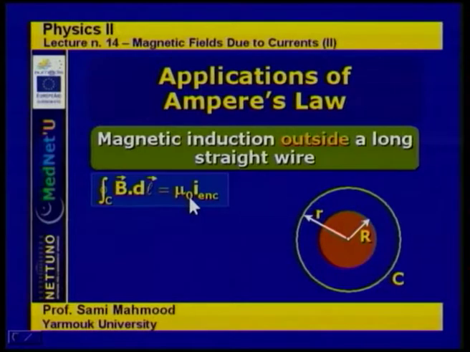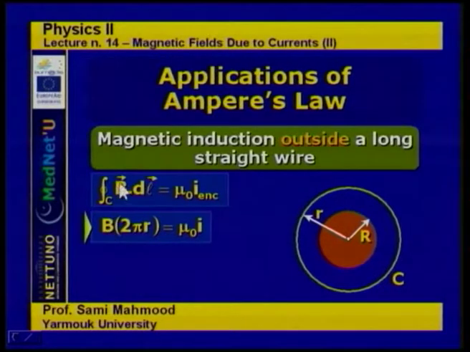So the integral of B dot dl is equal to mu naught I enclosed within the Amperian path, and in this case, the current enclosed within the Amperian path is the total current carried by the conductor, I. So I enclosed is simply I. And since B depends on how far you are from the current source, and all the points on the path are at the same distance from the center of the wire, the magnetic field has a constant magnitude at all points.